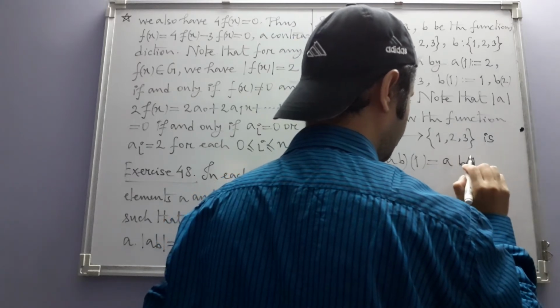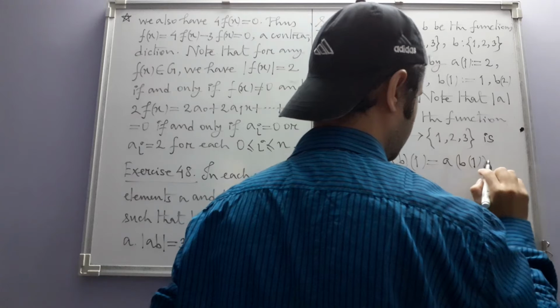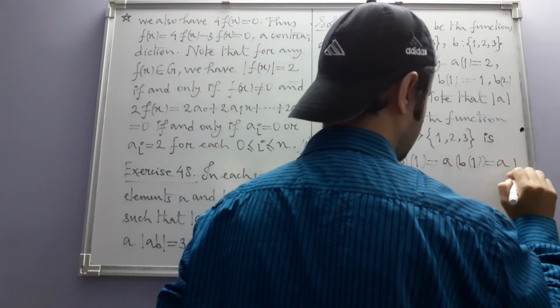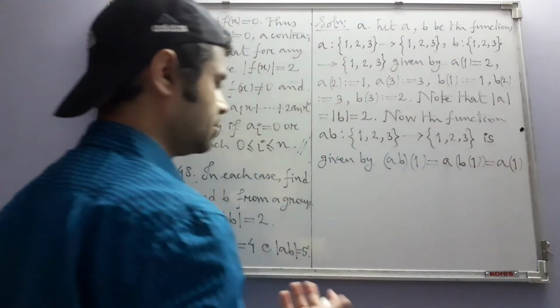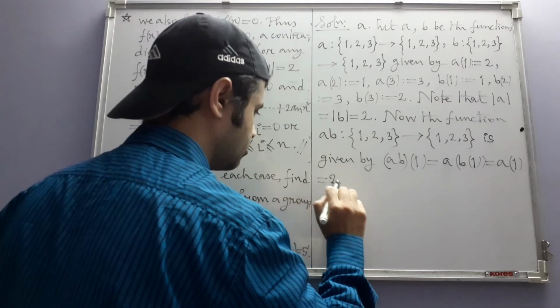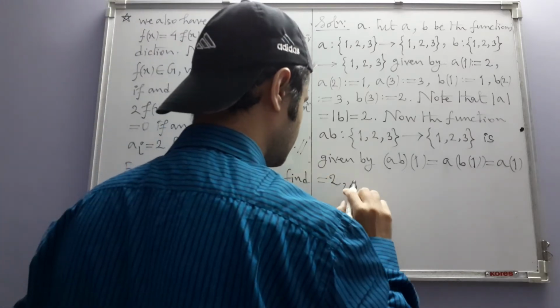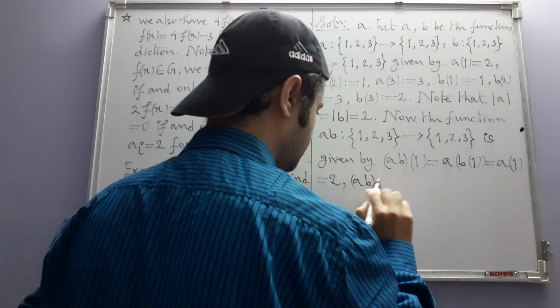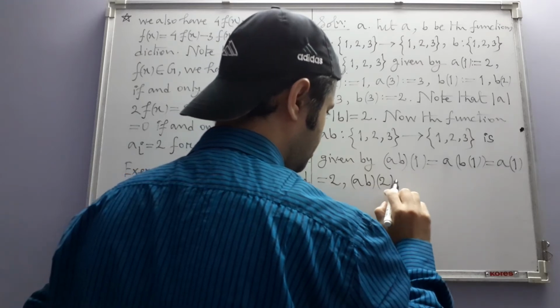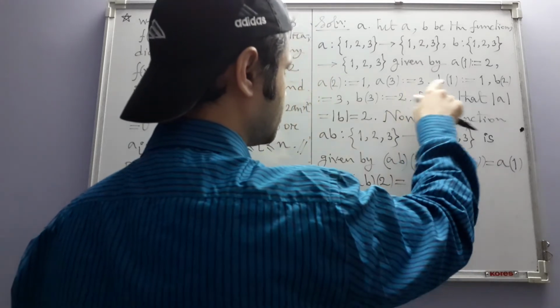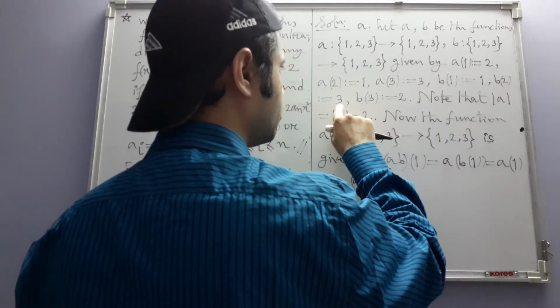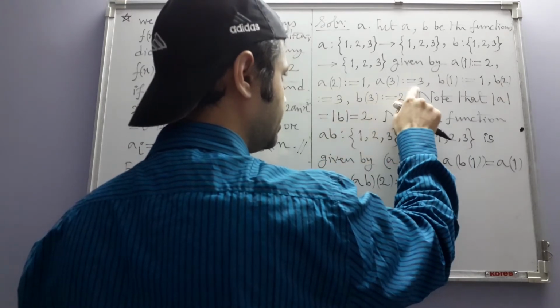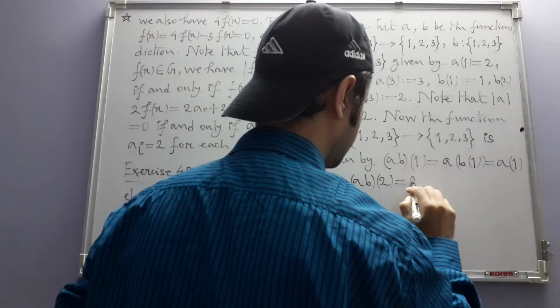A of B of 1, that's what AB of 1 means. So this is A of 1, since B of 1 is 1, and this is equal to 2. Like that, AB of 2, so B of 2 is 3. On that 3, if we apply A, then we get 3.